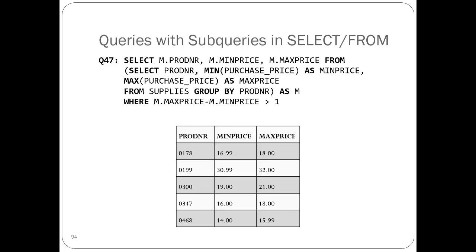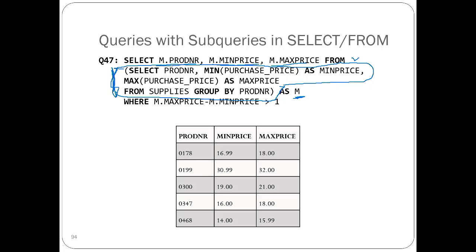Select m dot product number, m dot min price, m dot max price from M. What is this M? Well, that M has been defined in this box. Making sense?